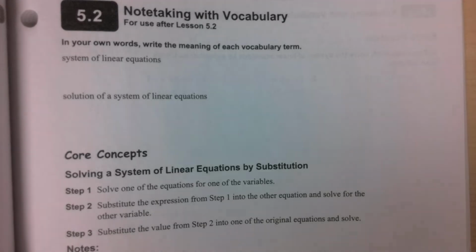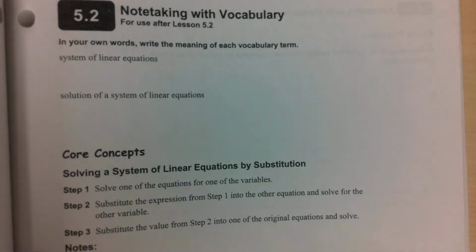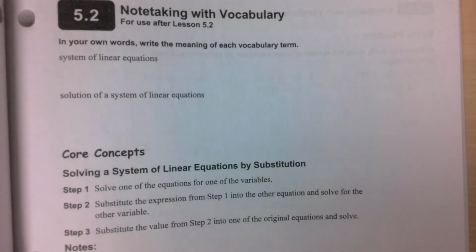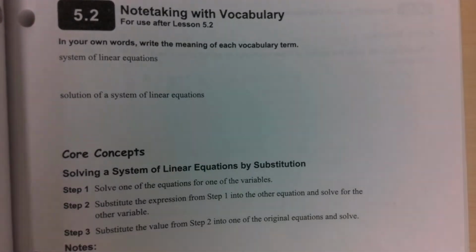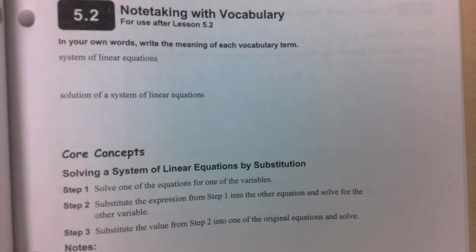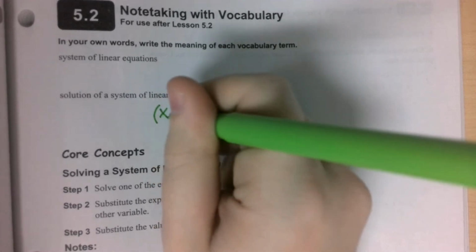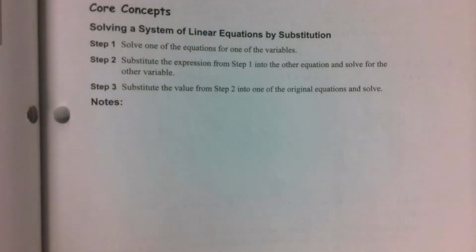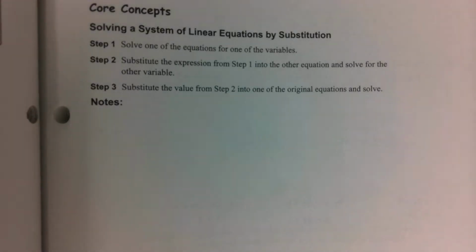We are actually going to be skipping the notes part up here because we already know all the definitions of these. You can skip back to 5.1 or watch the 5.1 video to know the definitions of a system of linear equations and a solution. Just remember that a solution is going to be in the form x comma y. Down here, it lists the steps for solving systems of linear equations by substitution.